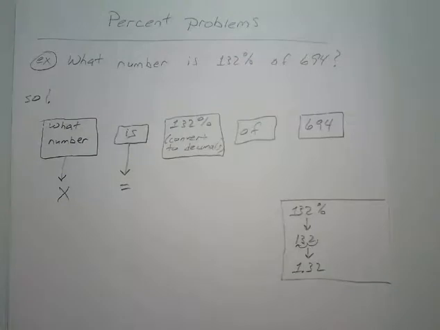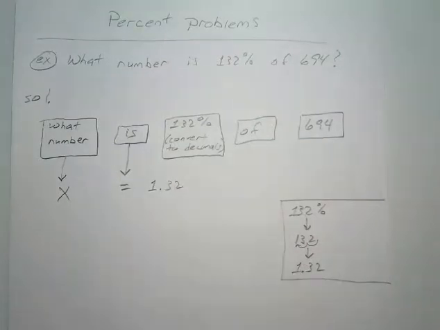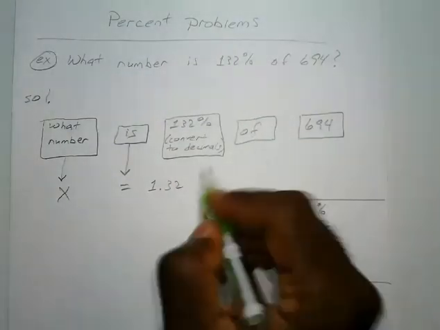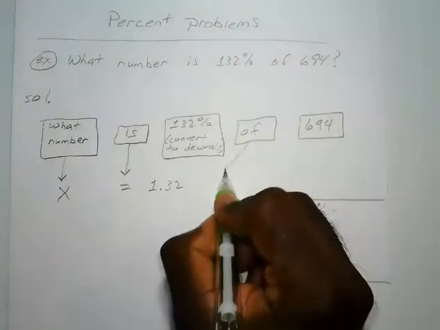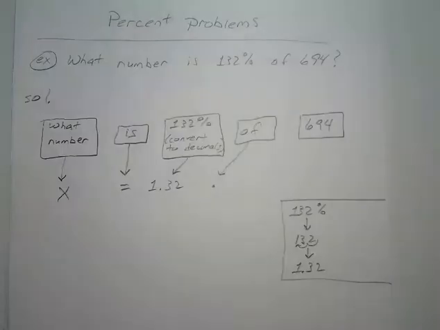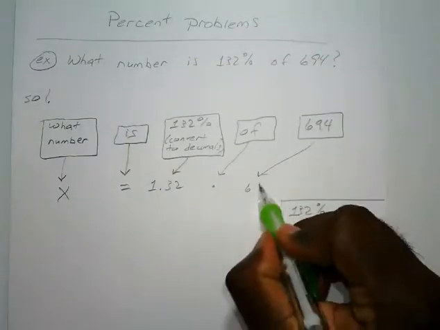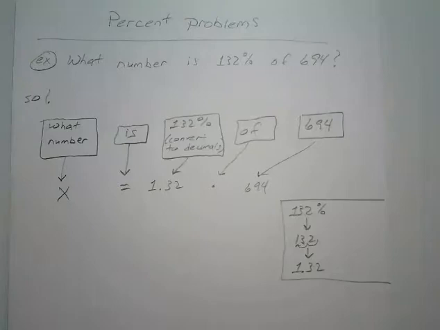So 132% converted to a decimal is 1.32. Remember, of is multiplication. So I'll go ahead and put that right here since we have a little bit of space. 694. Okay, so x is equal to 1.32 times 694.